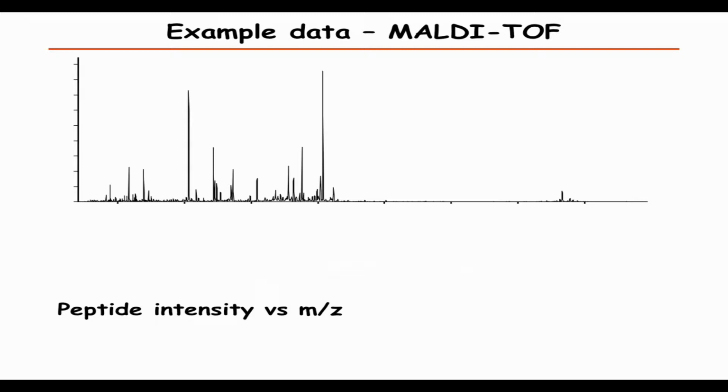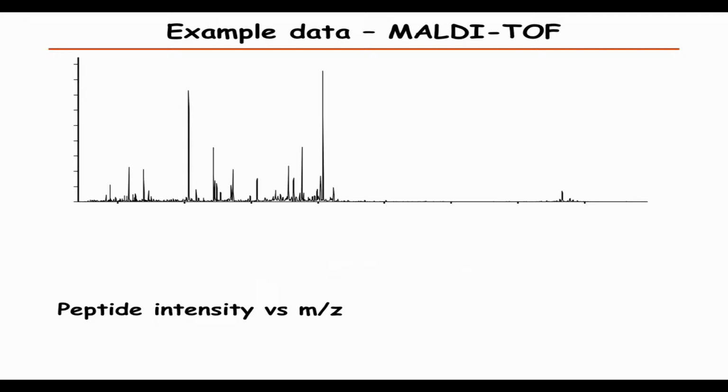And then you accelerate them in an electric field and measure how long it takes them to fly down a tube that's maybe 1 or 2 meters. So this is a very simple mass spectrum. We give them all the same energy in the electrical field, and then depending on their mass to charge, the heavy ions will fly slower and the light ones faster.